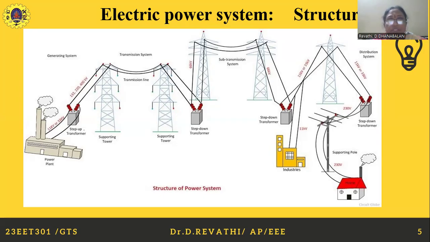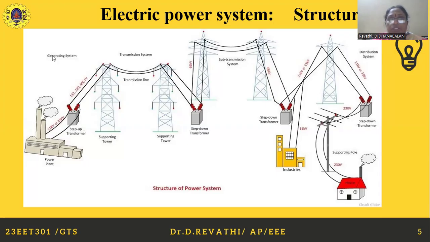So for the continuation of the introduction of the power system, today we are going to see the structure of power system. I think we discussed that a power system is a network which consists of generation, transmission and also distribution.